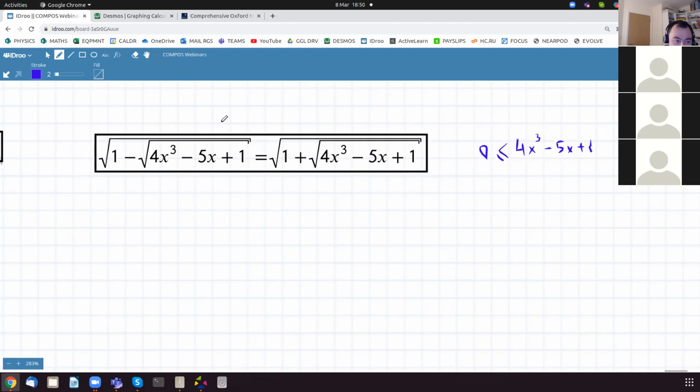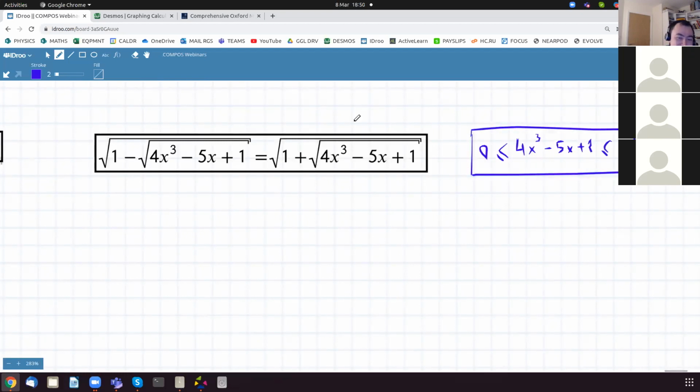But then this root has to be positive as well, so it has to be less than 1 as well. So you're within these limits, but solving this inequality is tough.